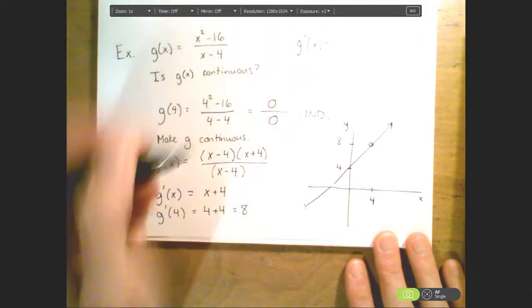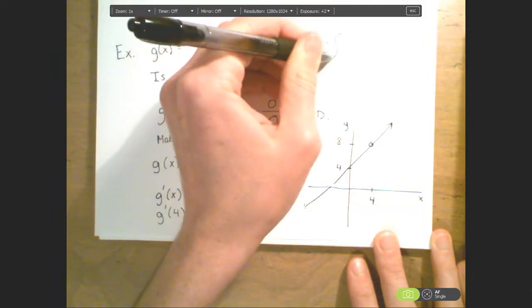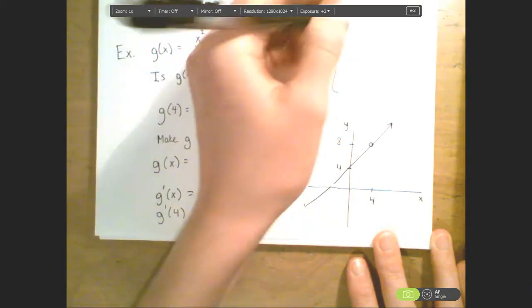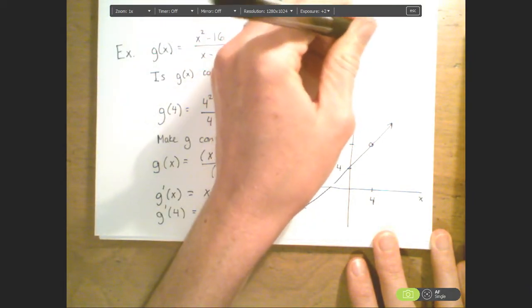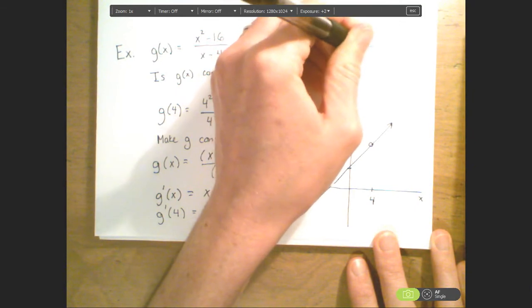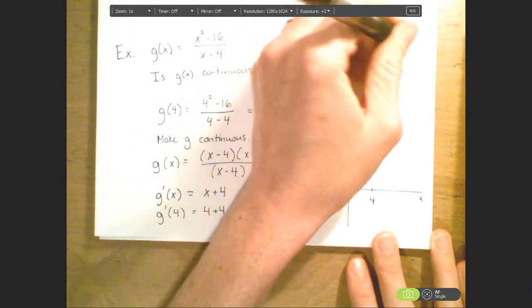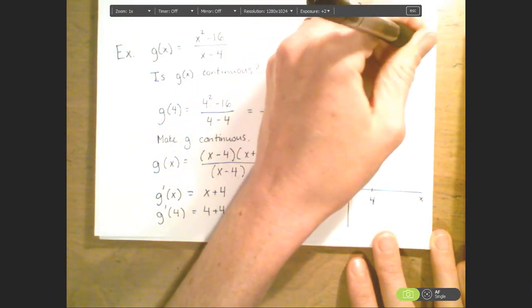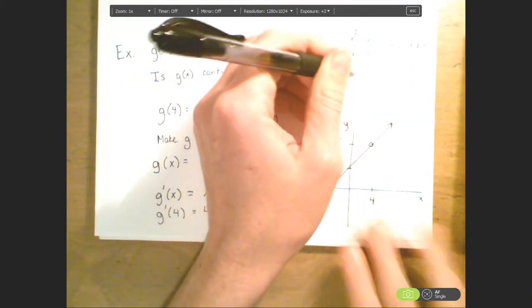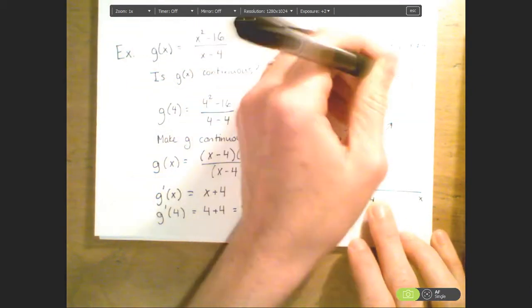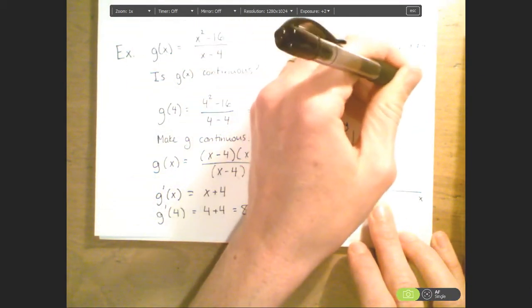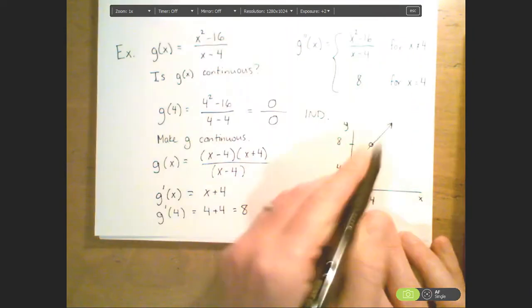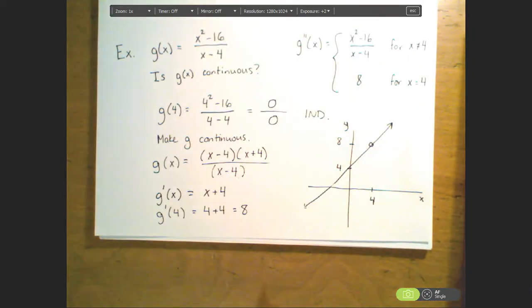It's going to be a piecewise function, and it's going to look like this old function, x squared minus 16 over x minus 4 for x values that are not equal to 4. And then I'm going to set it equal to 8 for x equaling 4, and that will plug that discontinuity.